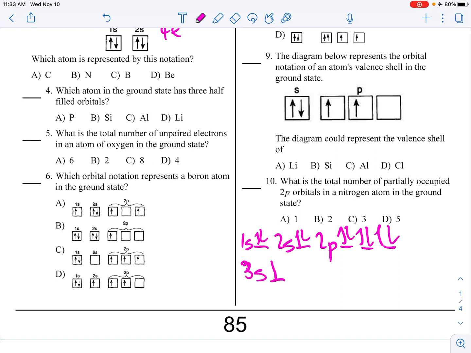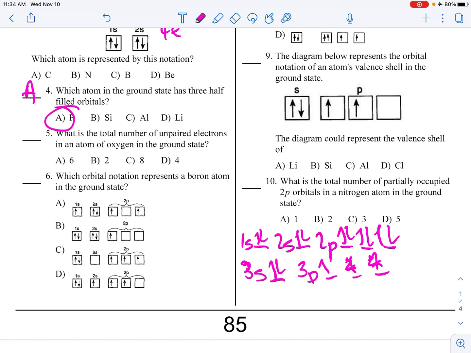Yeah, 3s2, 11, 12, 13, 14, 15. That looks like it's probably our answer, but let's just keep going. Silicon is 1 less than that, so not that. And then aluminum is 13, so that's not going to do it. Yeah, I'm going to go with this.